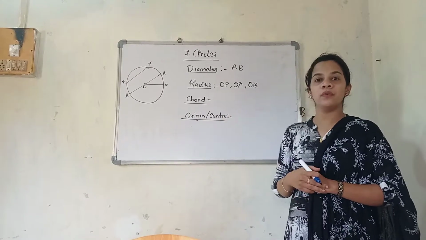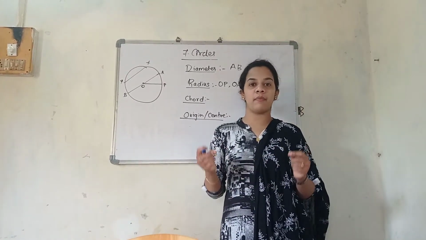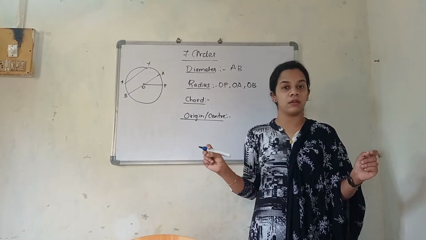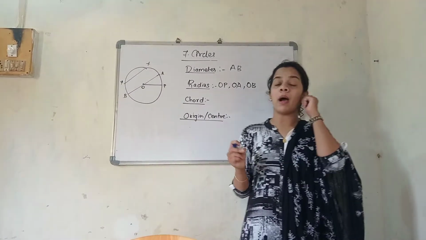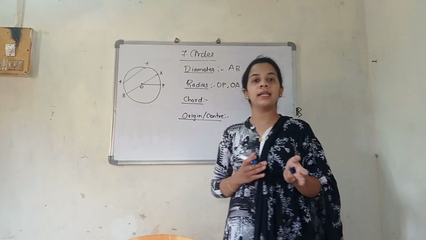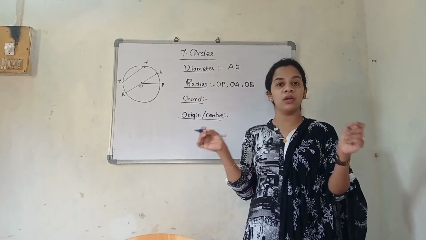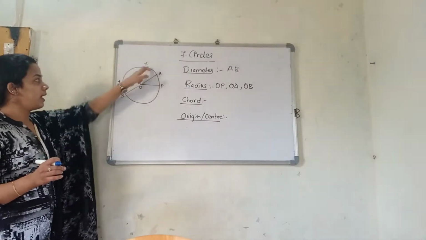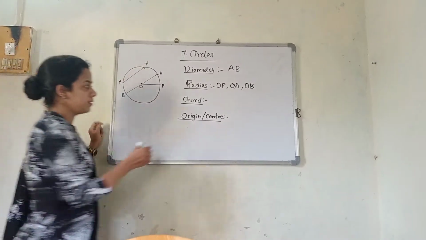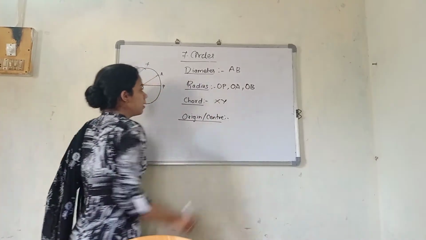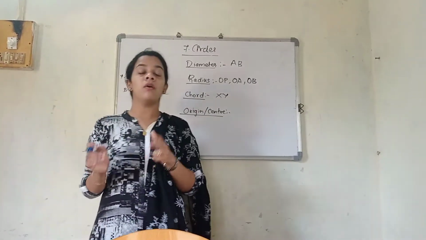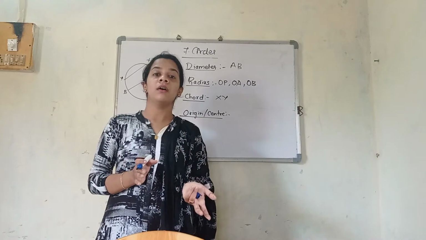Which is the chord over here? Chord is that particular segment which is drawn by taking 2 points of the circle. It is not necessary that it should pass through the center itself. It can pass anyhow, but it should touch 2 points of the circle, any 2 points of the circle. Here you can see XY or YX is the chord of this particular circle. If you have a doubt, is the diameter a chord?